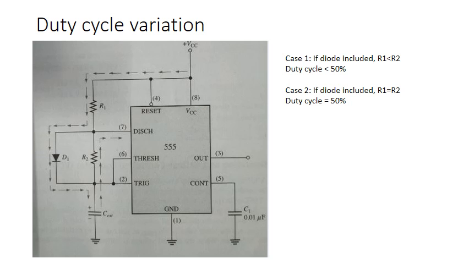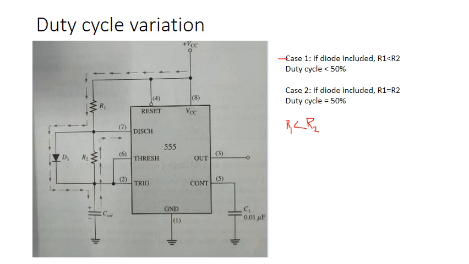So for duty cycle variation, we can see the first case, this is done in the lab. If you want a duty cycle less than 50%, we have already designed resistors R1 and R2. R1 is less than R2, we have designed it in the lab. You can check it out in your manuals.